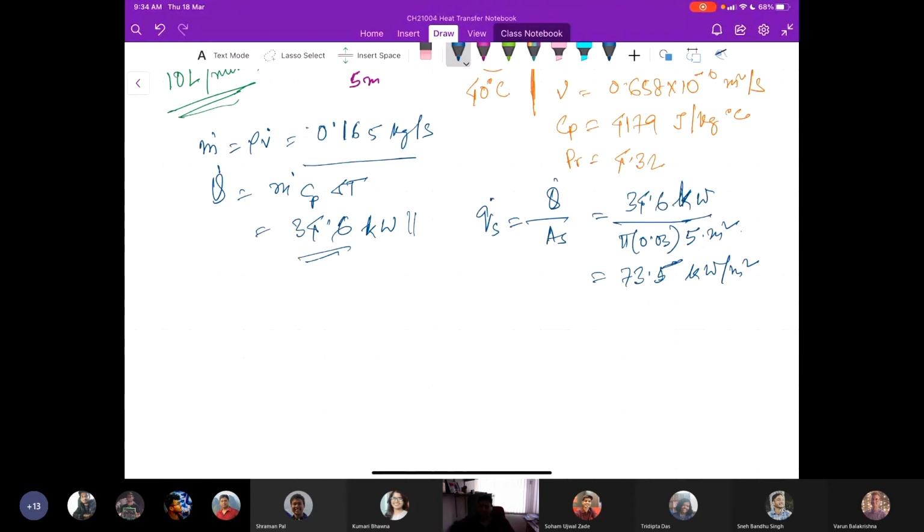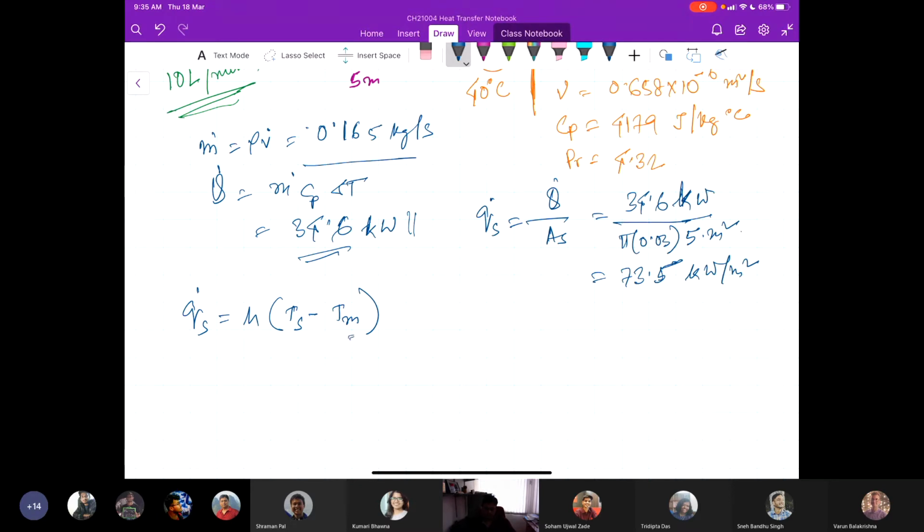Now we know when there is constant surface heat flux condition, that this q dot s is basically h into (Ts minus Tm), because the mean fluid temperature is changing, if we take the mean fluid temperature at that location. Fine.